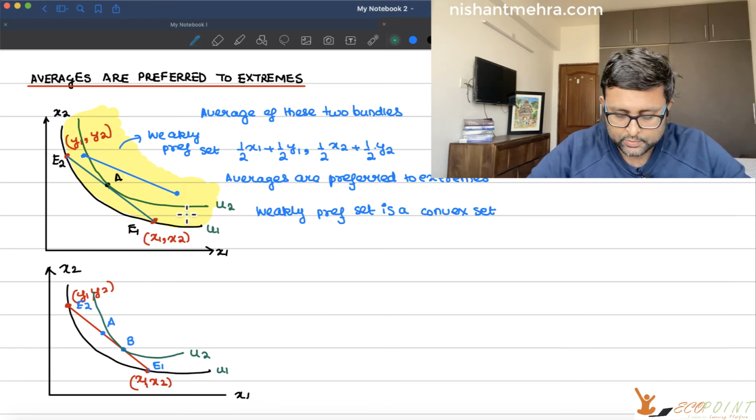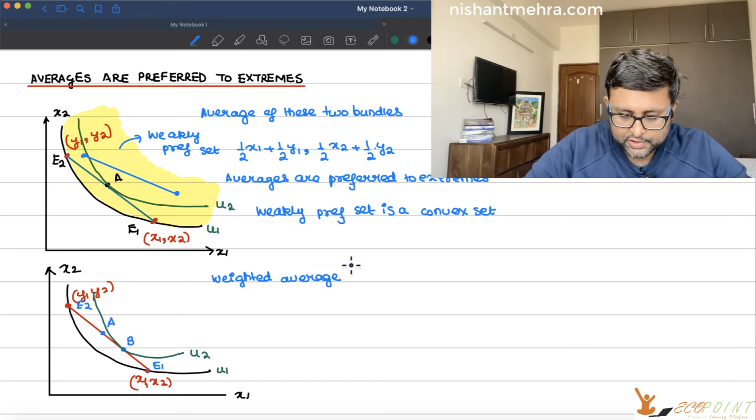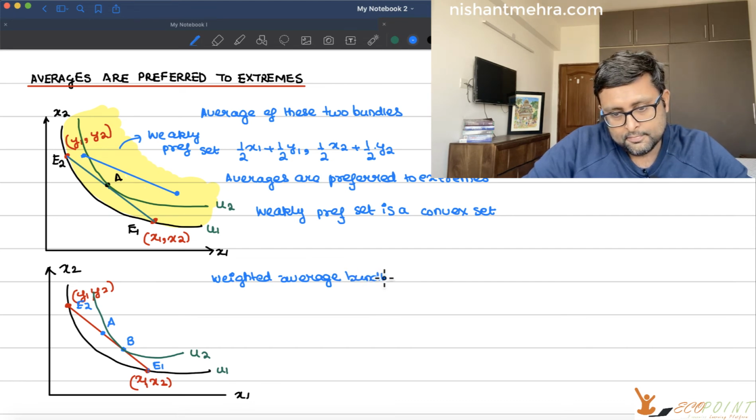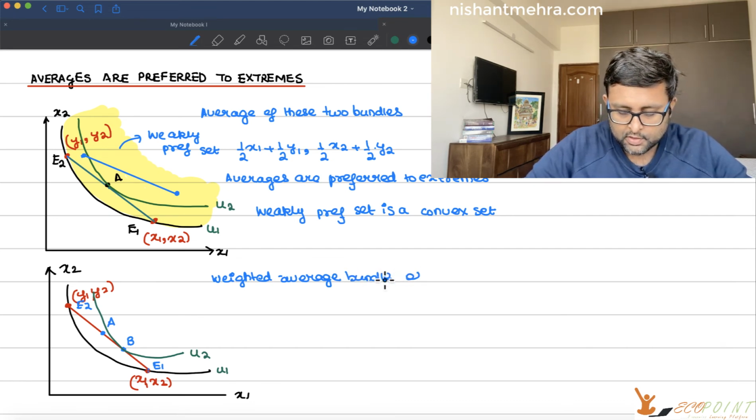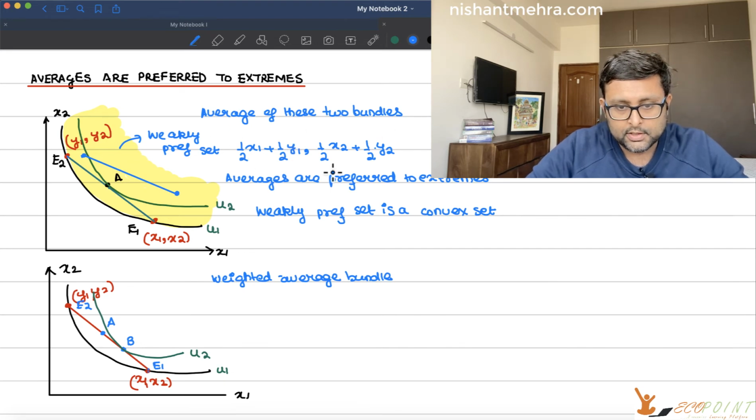So one or two things which I just want to write. One, the weighted average bundle. So this weighted average bundle, this one, has half amount of x1 and half amount of y1, half amount of x2 and half amount of y2.